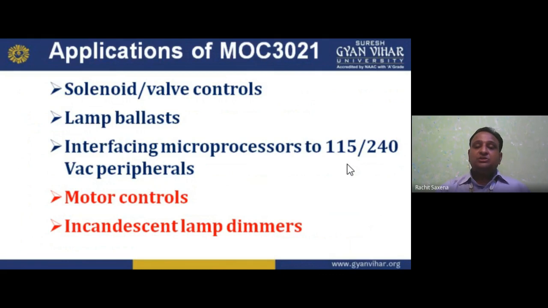Interfacing microprocessors to 115/240 volt peripherals: we can interface the microprocessor to 115 and 240 volt AC peripherals very easily with the help of this MOC 3021. In motor controls, for example, if I have an electric motor and want to control it, we can use this MOC 3021. Incandescent lamp dimmers, again similar to that. So I hope you understand.